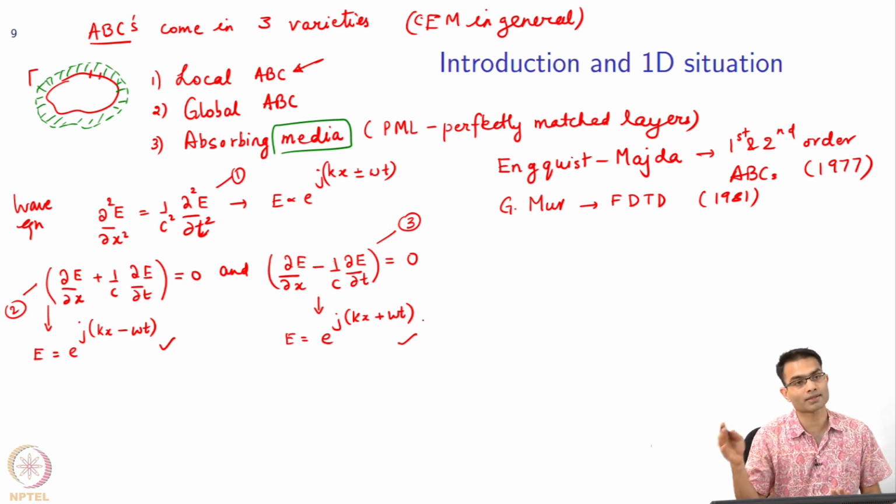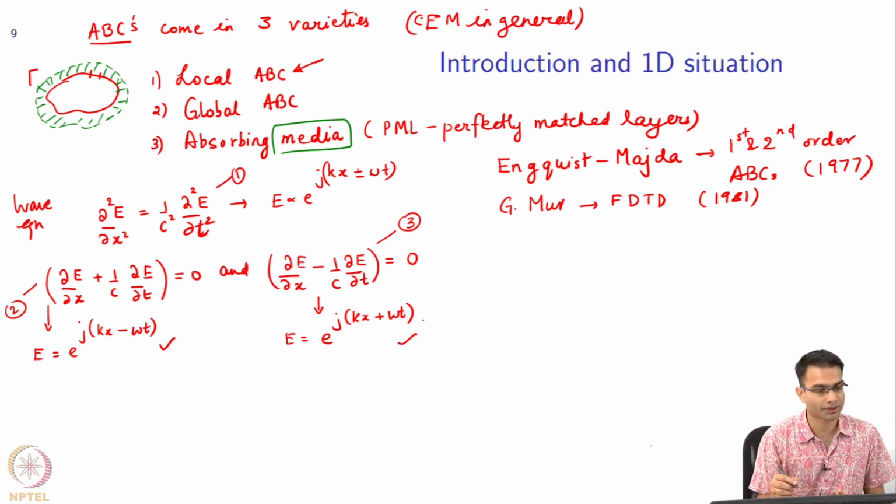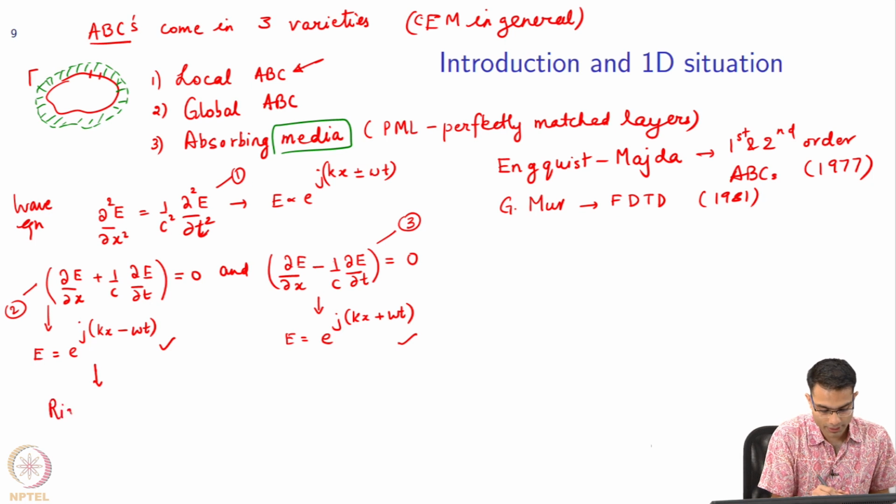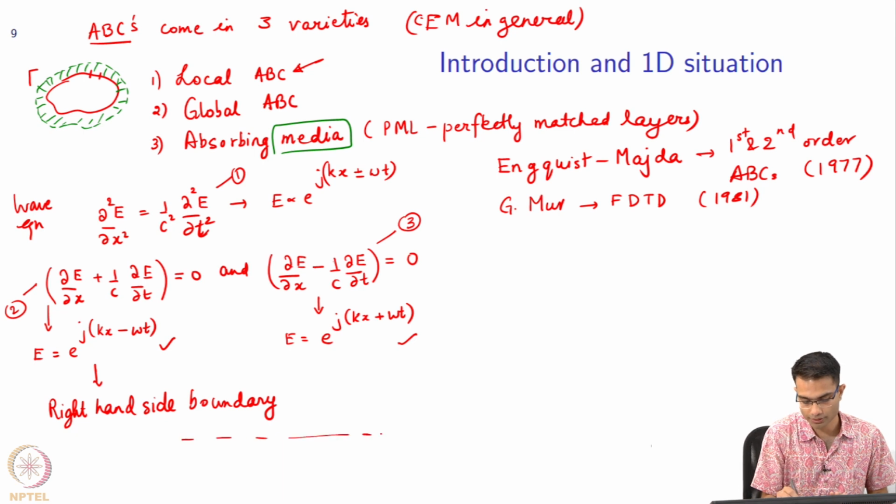So, the same philosophy is going to be used now. Let us say at a right hand side boundary of a computational medium. Okay, so there is, let us say, a computational domain like this, and this is my boundary over here.